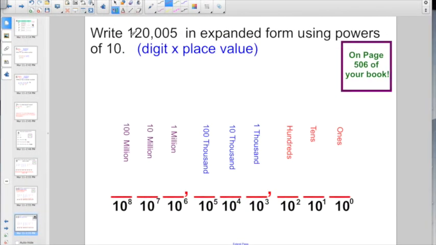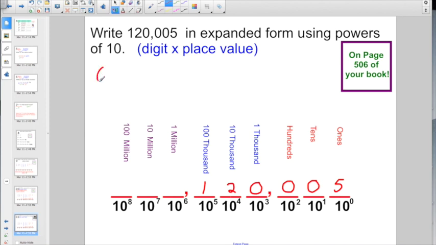So check out this one. Write 120,005 in expanded form using powers of 10. So first of all, make sure we understand 120,005. You got a 1 in the 100,000s, 2 in the 10,000s, 0 in the 1,000s, 0 in the hundreds, 0 in the tens, and a 5 in the 1 spot, right?